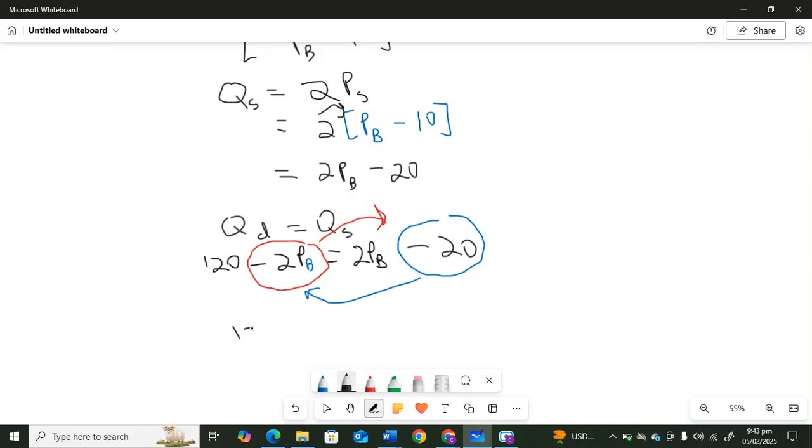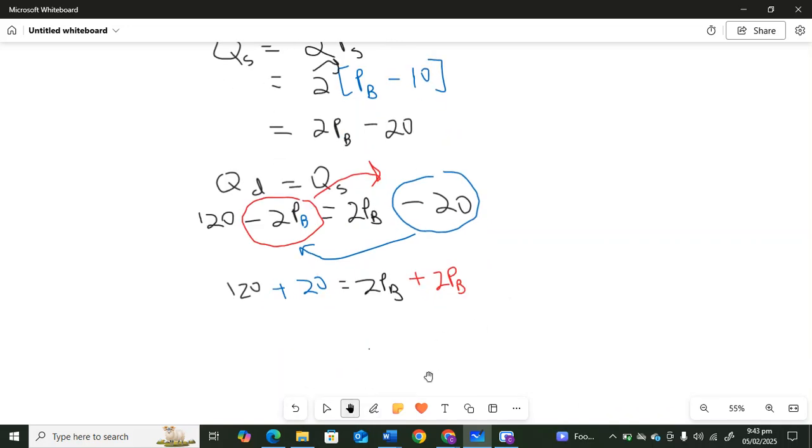So you have 120 plus 20 equals 2 PB plus 2 PB. 120 plus 20, 140. 2 PB plus 2 PB, that is 4 PB.